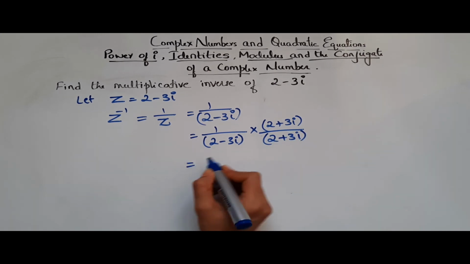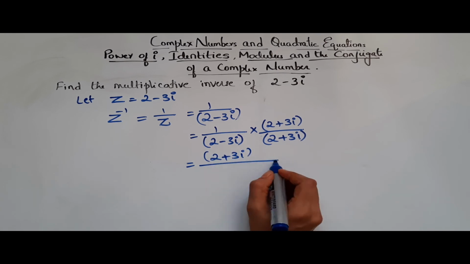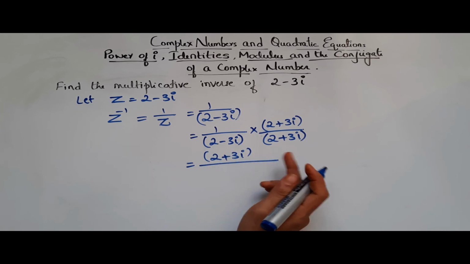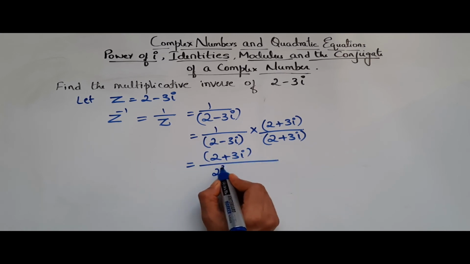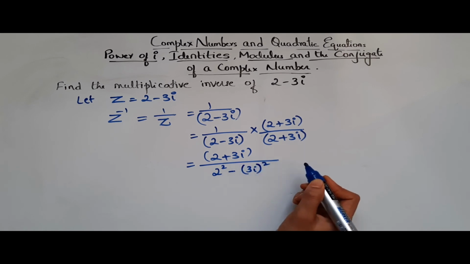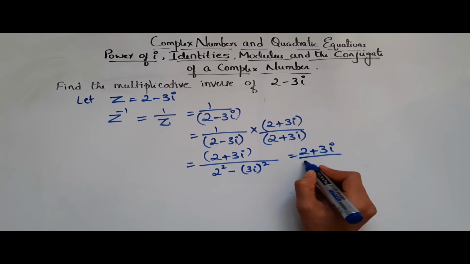Which is equal to, we have 2 plus 3i in the numerator by, this is of the form a plus b into a minus b, that is a square minus b square. A here is 2, so 2 square minus b square, so 3i square, right? Which is equal to 2 plus 3i by 2 square is 4.